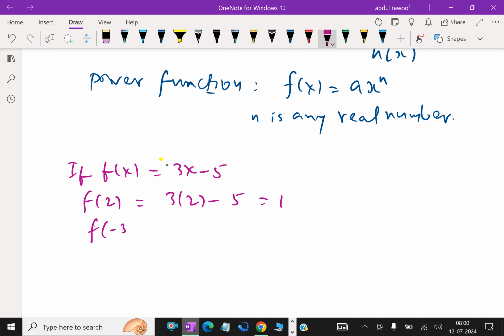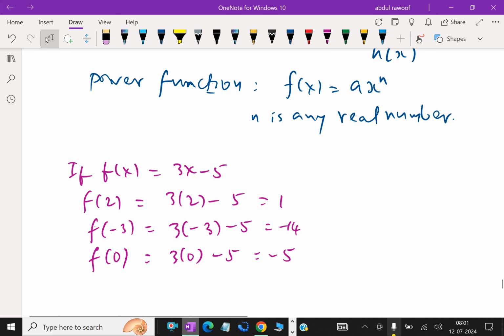F of negative 3 is 3 into negative 3 minus 5; 3 times negative 3 is minus 9, minus 5 is minus 14. Then f of 0 is 3 times 0 minus 5, which is minus 5. Like this we can get the value of f of x when x is given some values.